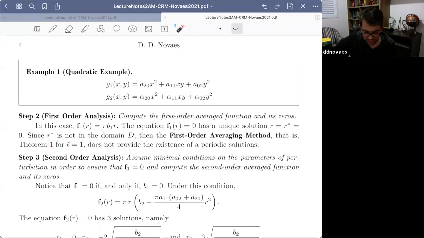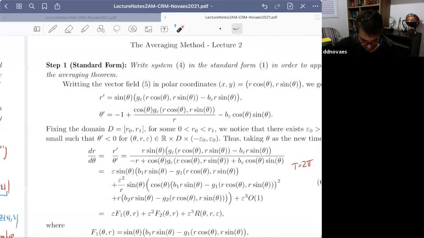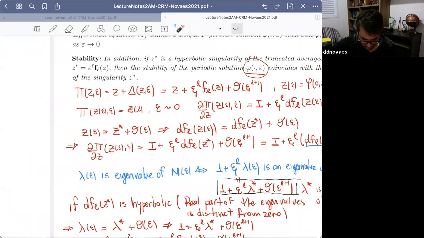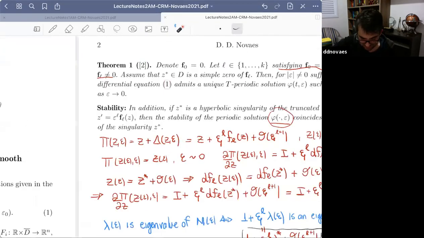So what I'm going to do now is just compute the first order averaged function. We know now the exact expression of F1, so I substitute here and I compute this integral. This is a very direct step.